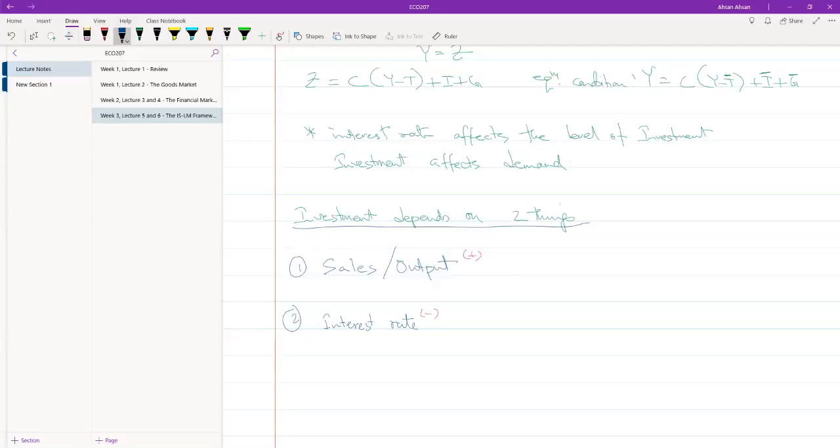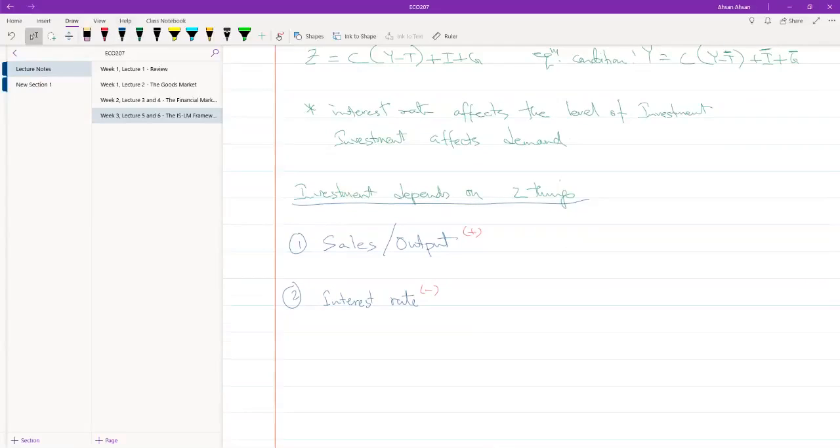So effectively, what we see is that investment, which we denote with I, is a function of output and interest. Or the way this is written in the book is that investment is a function of Y and i.